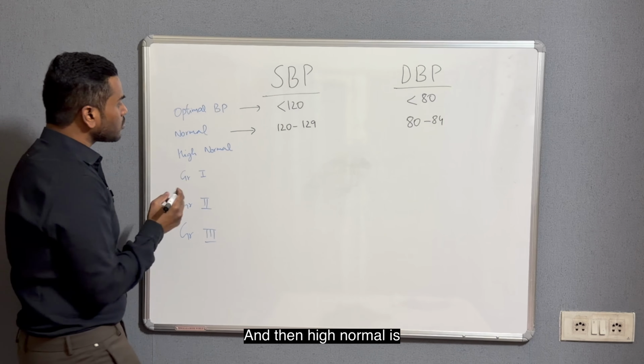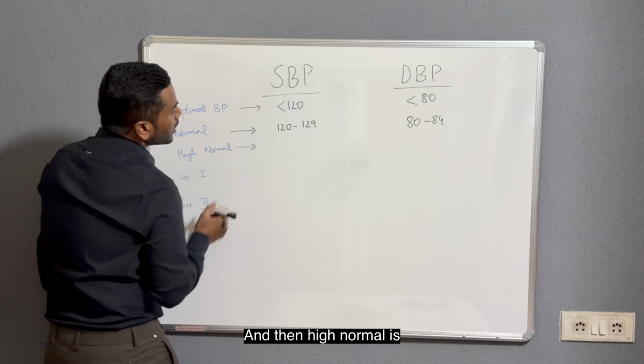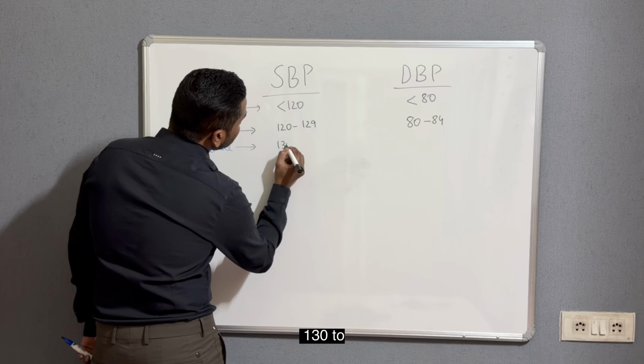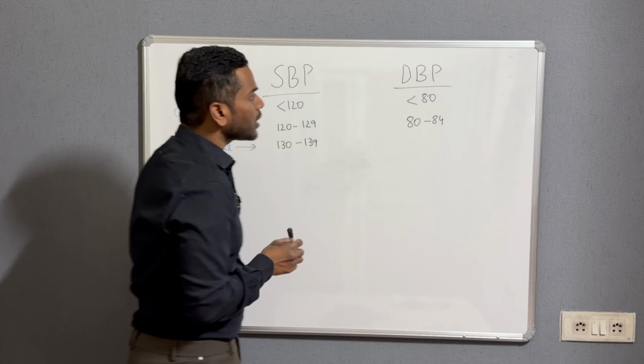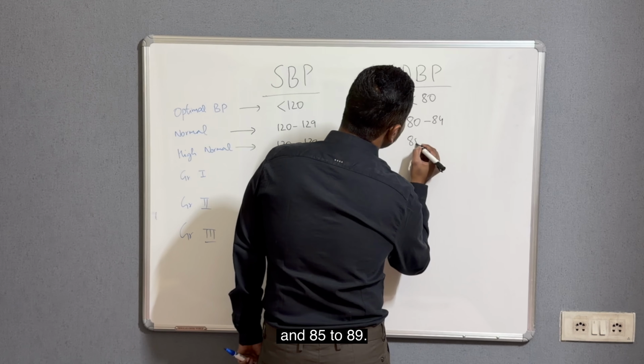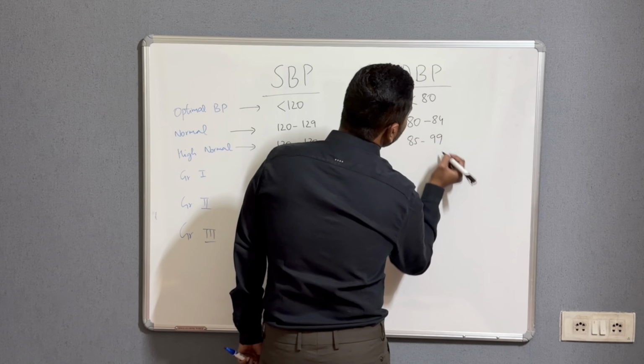And then high normal is 130 to 139 systolic and 85 to 89.